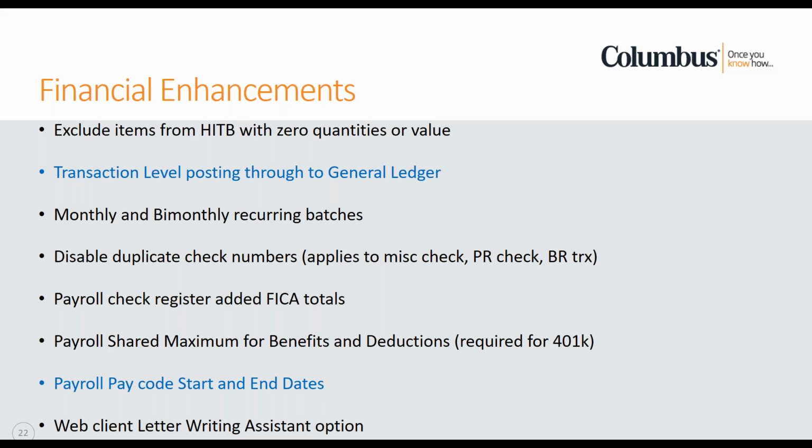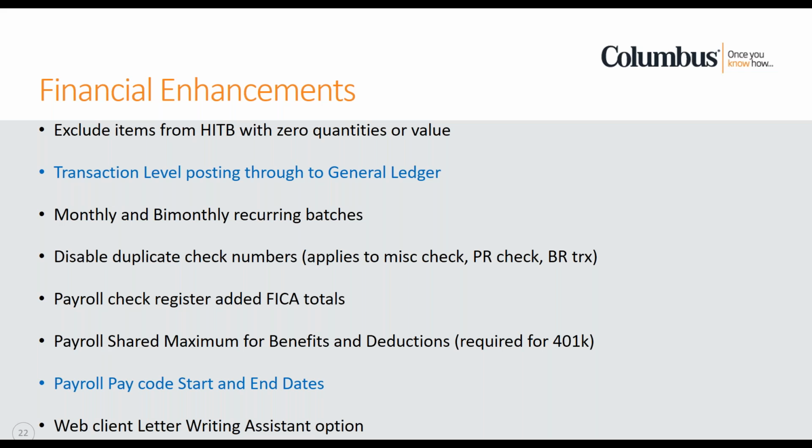So today, if you run that, you might get many dozens or maybe even hundreds of pages of items that you don't want because they don't have any quantity or value. Well, they've allowed us, with a checkbox, to toggle those off. In fact, they are toggled off by default. And so if you want zero quantity or zero value items, you can turn those on, and I'll show you what that looks like on the screen here in a second.